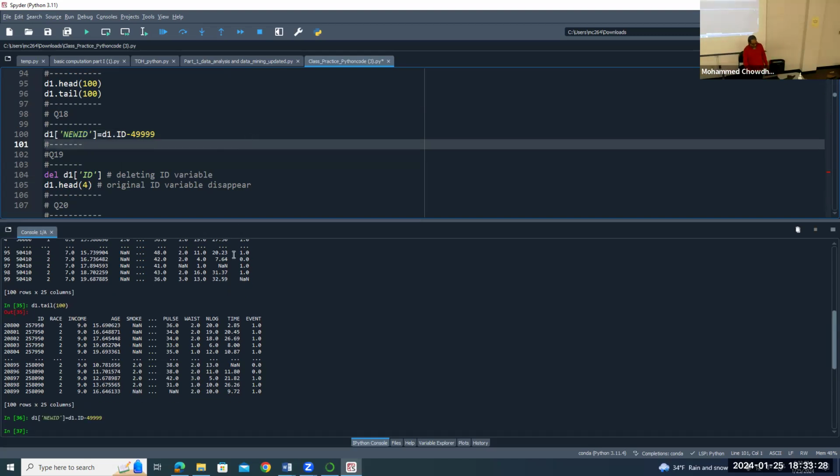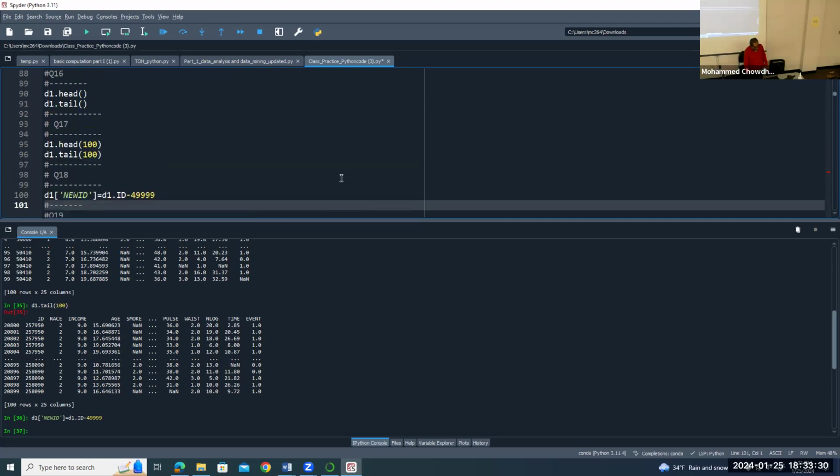Let me explain these things to you a little bit more. D1 is my original data, and in this D1 data, I am adding a new variable, new ID. New ID is the variable that is created within D1 data. How?